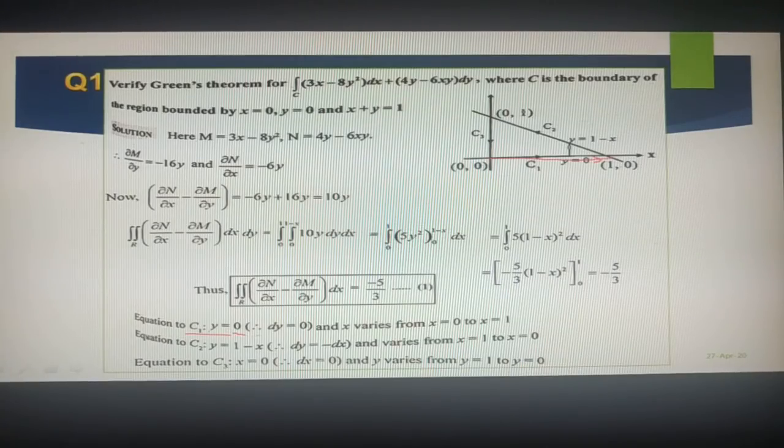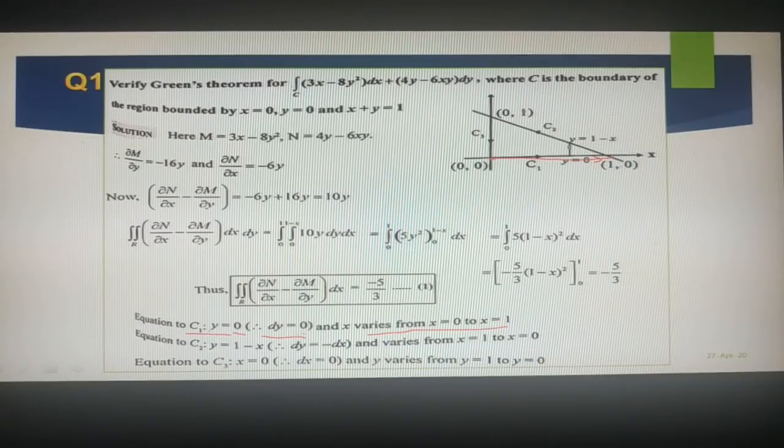If y is equal to 0, dy is 0. In that case, x is varying from 0 to 1. So x is changing from 0 to 1 and y is 0. There is no change in y, that's why dy is 0. Of course, when y is constant, the derivative of y is 0.